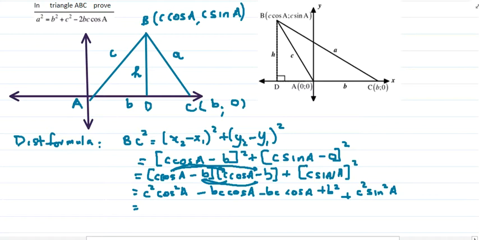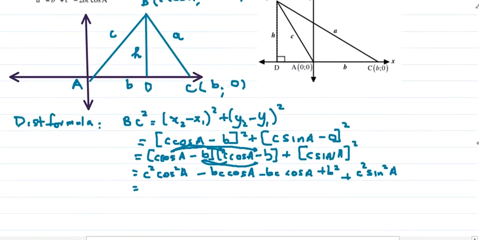On closer examination, we can see that the first and the last term can be grouped by removing c squared as a common factor, and that would leave us with cos squared A plus sine squared A. Minus bc cos A minus bc cos A is 2 of those, so minus 2bc cos A. And we're still left with plus b squared.